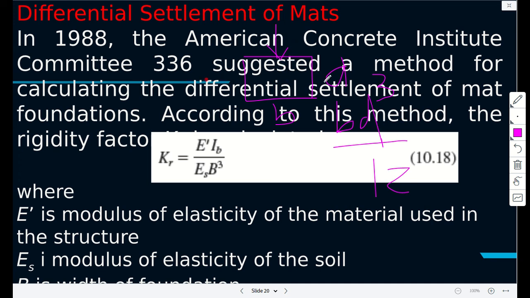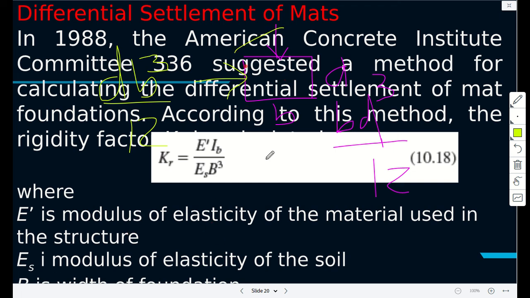But if you're bending in the x direction, if you're applying your loads that way, then the I would be dB cubed over 12. So you need to note the direction of application of force.